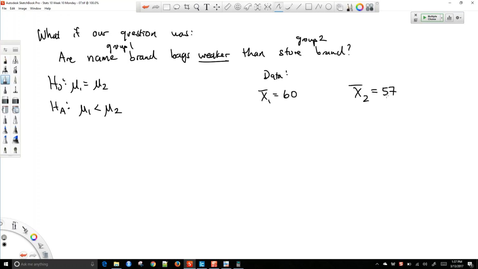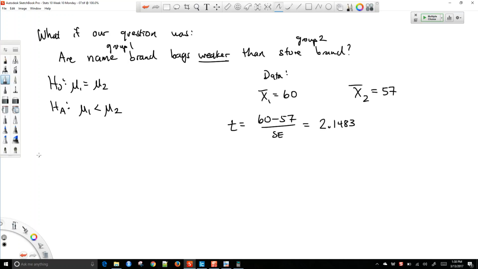We're going to end up getting our same test statistic as before: 60 minus 57 divided by the standard error. We get positive 2.1483, okay? We get this value from before. And so now we end up with a slightly strange situation here, okay?